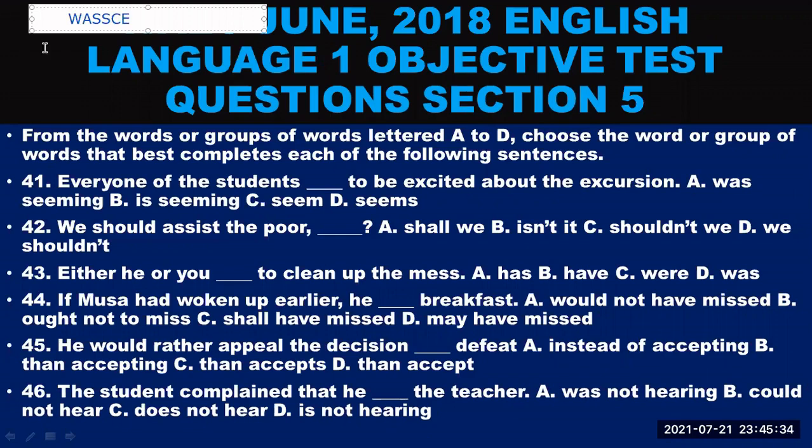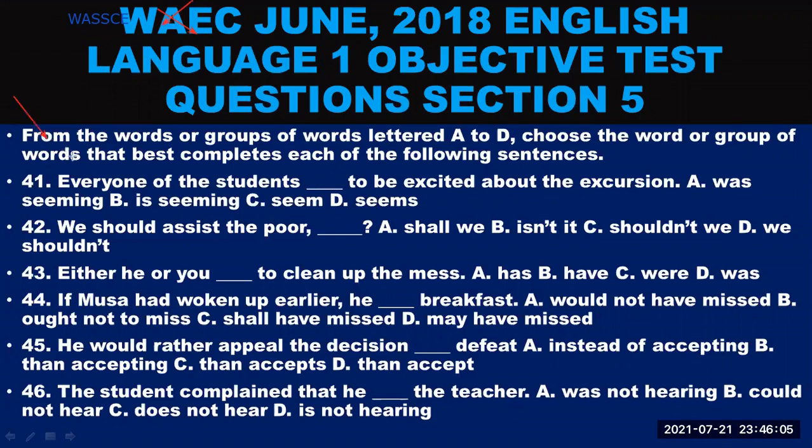All right, that's actually what this should be. Waec is the examining body, but the exam itself is Wassce, West African Senior School Certificate Examination of June 2018, English Language Objective Test Questions. And our focus is on section 5.